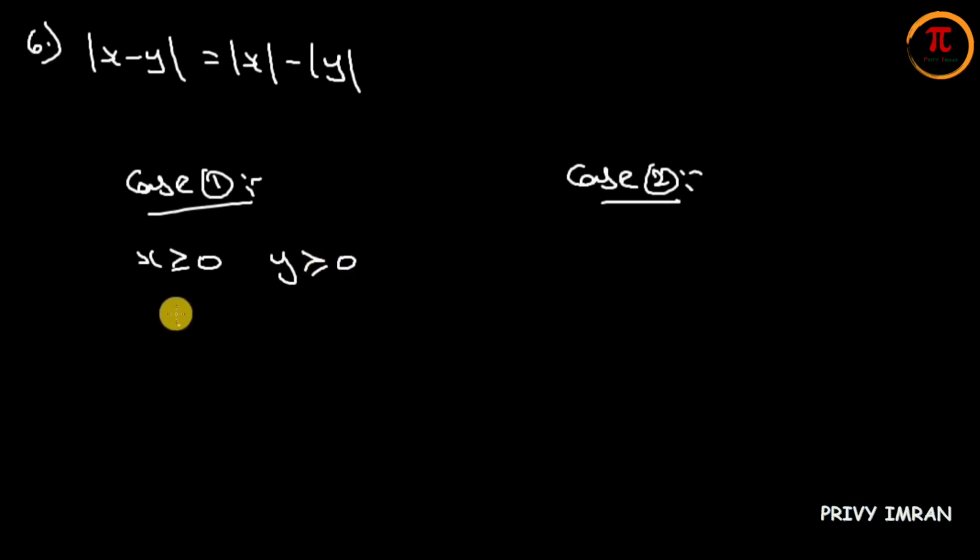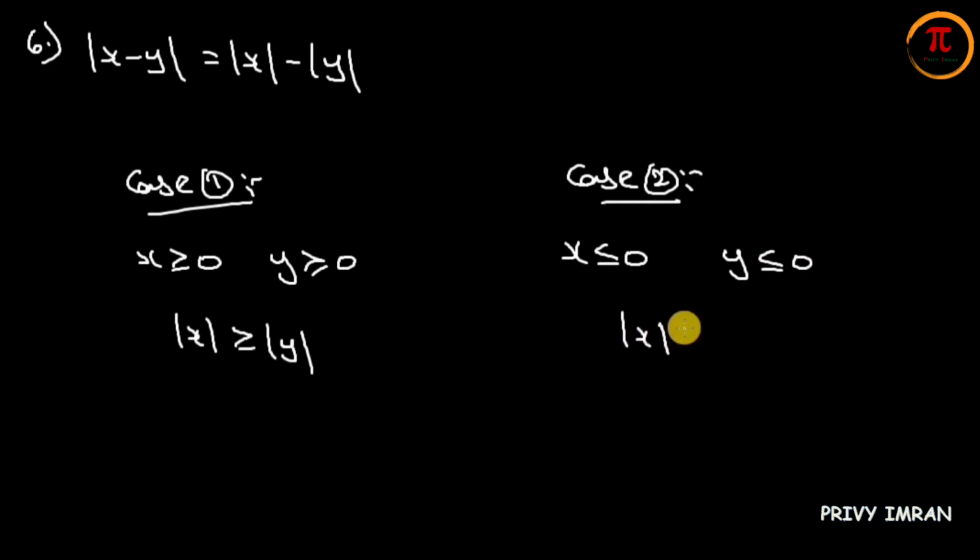And again here mod x should be greater than or equal to mod y. Means x value should be positive and y value should be positive and x should be greater than y. Then only it will be equal. And again in case 2, x value will be less than or equal to 0 means negative and y value will be less than or equal to 0 means negative. And again in this case mod x should be greater than or equal to mod y. In these two cases, this condition will get satisfied.